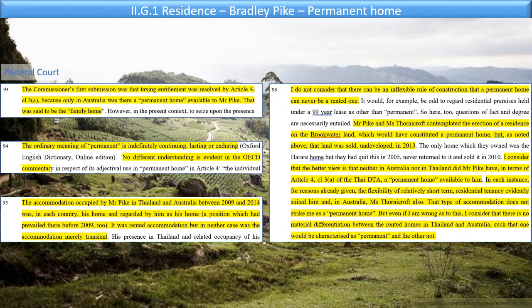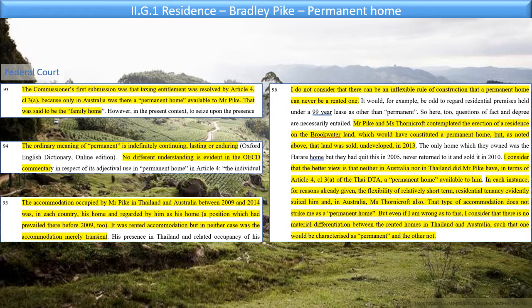In each instance, for reasons already given, the flexibility of a relatively short-term residential tenancy evidently suited him, and in Australia, Miss Thornycroft too. The type of accommodation does not strike me as a permanent home. But even if I am wrong as to this, I would consider that there is no material difference between rented homes in Thailand and Australia, such that one could be characterized as a permanent and the other one not.